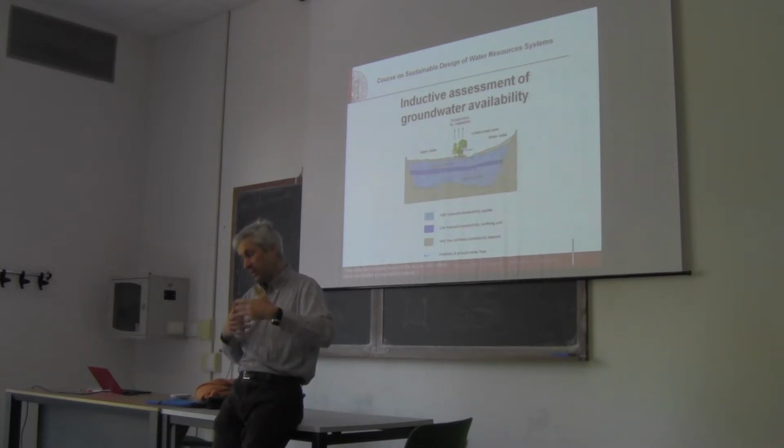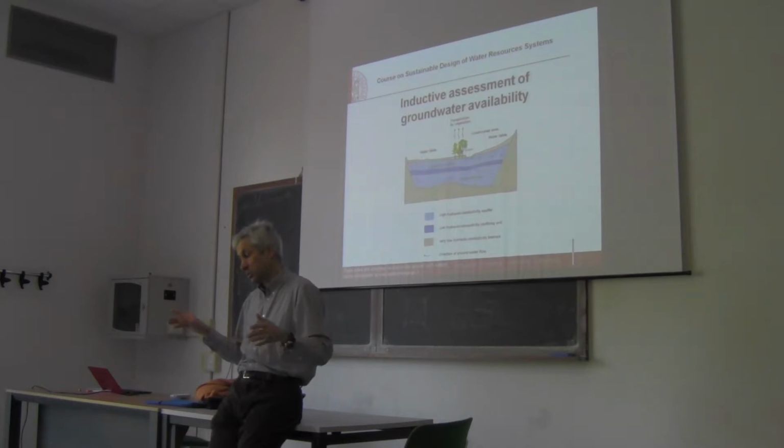The reaction time of the aquifer, as I said, is different from that of surface resources. For instance, if you have a drought, surface water resources suffer from the drought immediately because their reaction time is quite rapid. If during summer you have 3 months without any rain, you rapidly see the water level in the river decreasing.